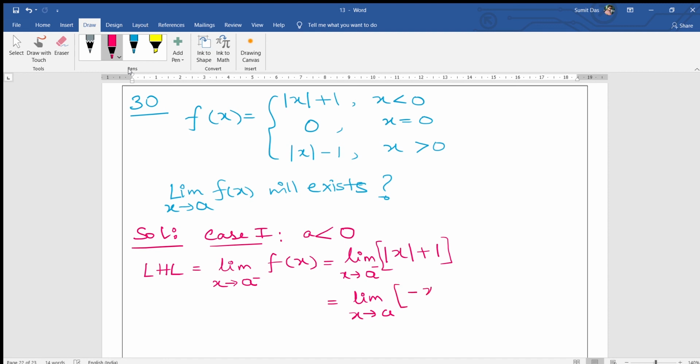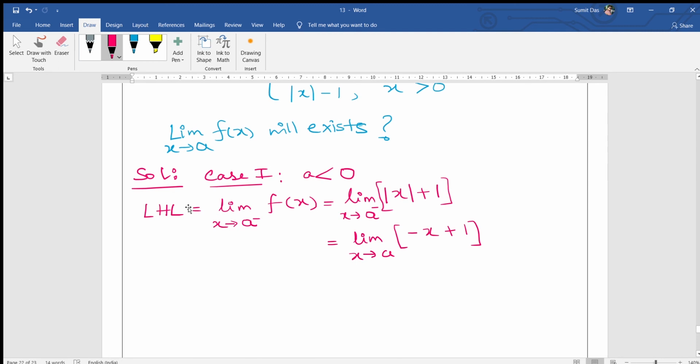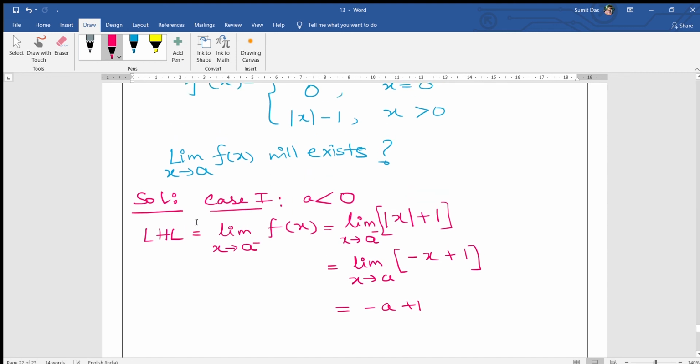I will write minus x. Why? Because when x is less than 0, negative, modulus of x will be negative of x. If x is greater than 0, then it will be positive. So if we just put the value, we get minus a plus 1.